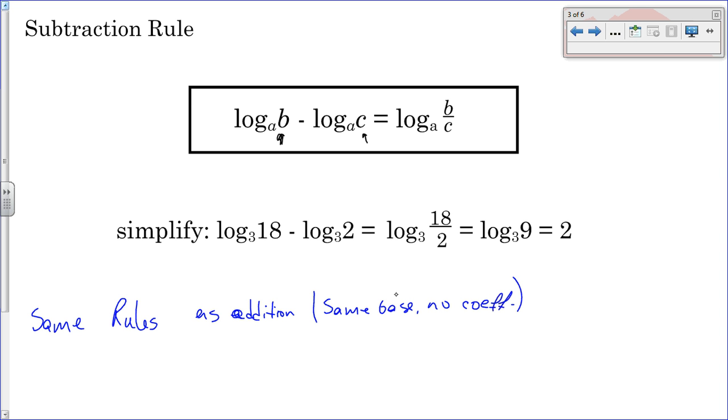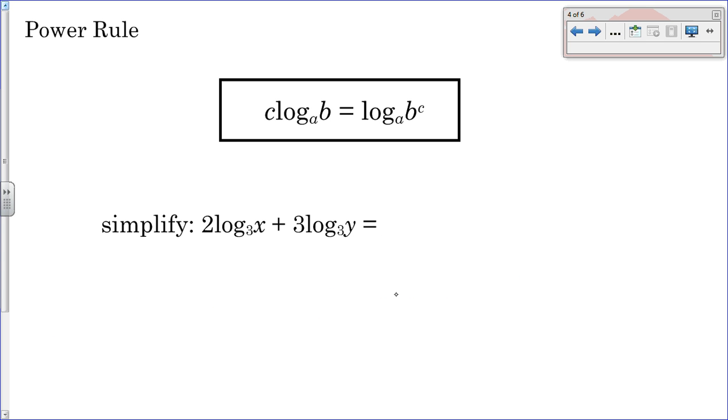All right. Let's look at our third rule. Our third rule is our power rule. So in this case, when you have a coefficient in front of your log, so c times log base a of b equals that coefficient can come around and be the exponent on your b. So log base a of b raised to c.